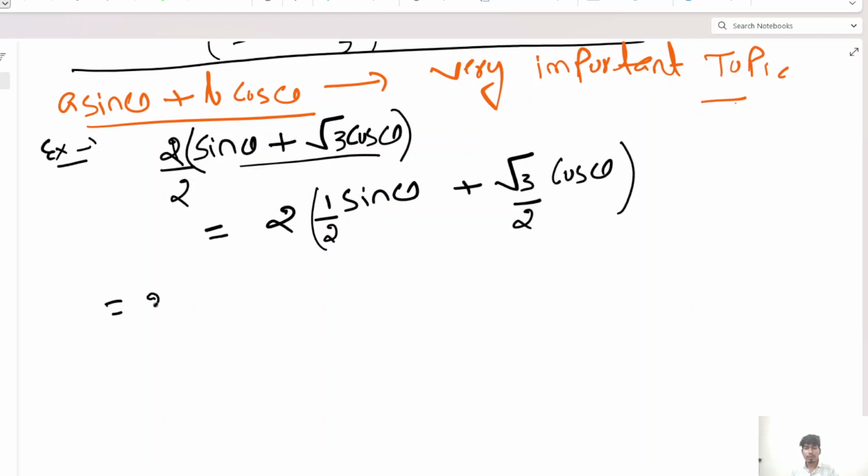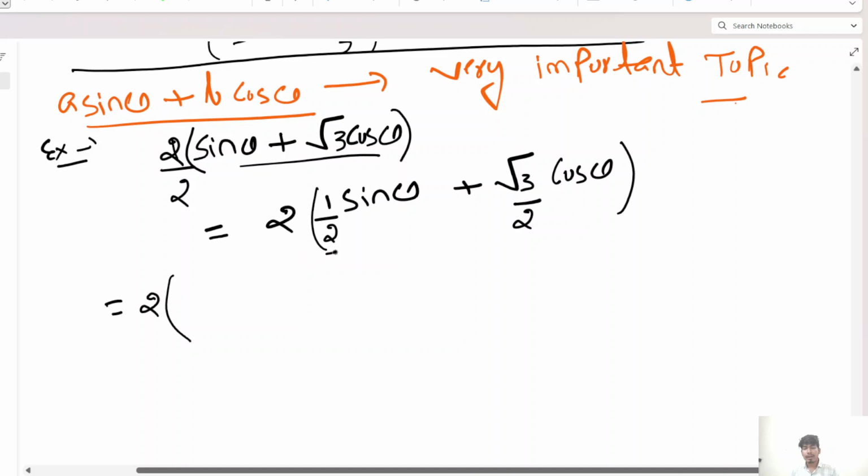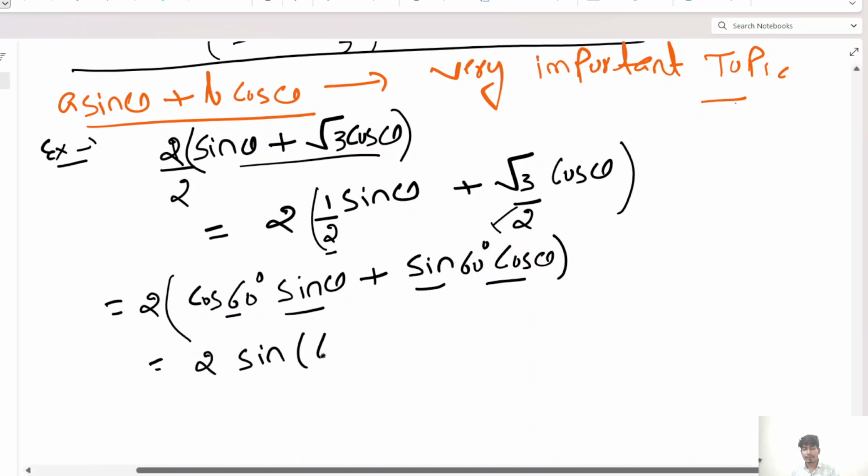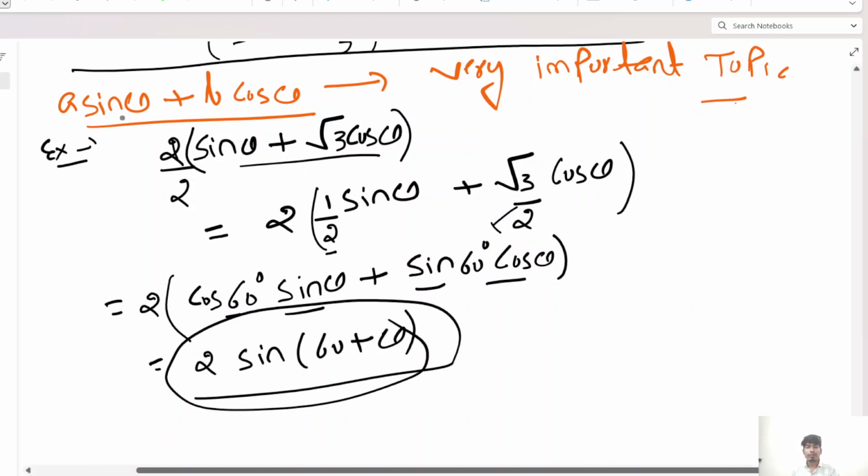Then can we write half as cos 60, and this is sin theta, plus root 3 by 2 is sin 60, then cos theta. Then what is the formula? Cos A sin B plus sin A cos B is sin of A plus B, so this is 2 sin of 60 plus theta. So it is in this form.